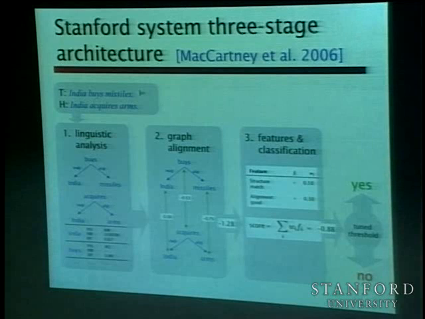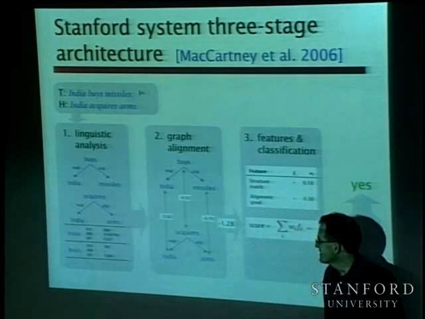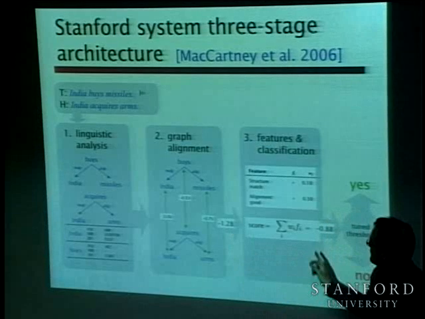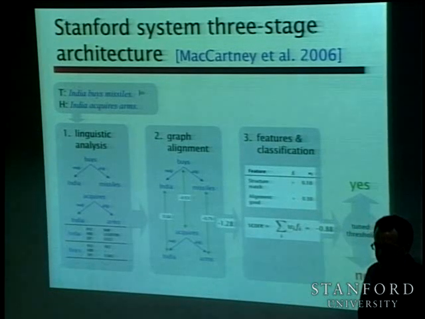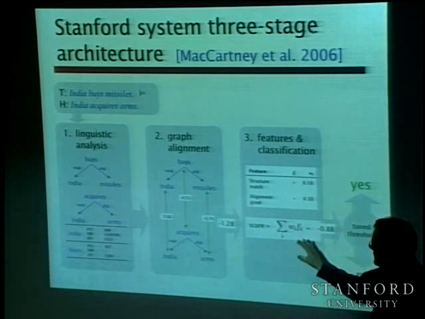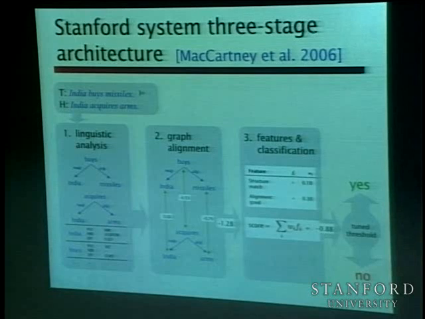And then the third phase is, doing this alignment gives us a basic quality of an alignment, but we then have a follow-on stage where we have a bunch of specialist inferers that try to determine various attributes of sentences that either support or go against there being an entailment, and I'll say more about that.